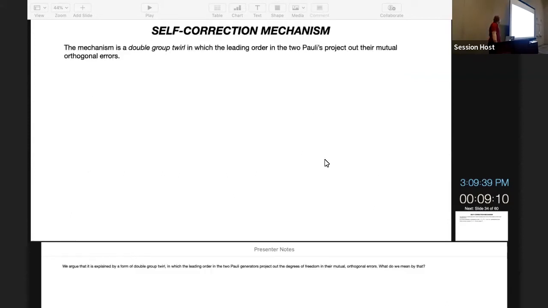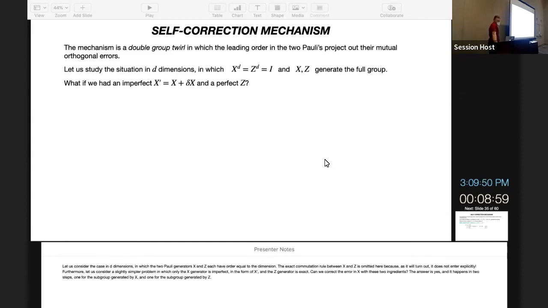So the claim is that the mechanism is a double group twirl in which the leading order in the 2 Paulis project out their mutual orthogonal errors. That's a little mouthful, but let me present it. Let's say the situation in d dimensions in which X and Z will have order equal to the dimension. These are cyclic groups, they will generate a group.